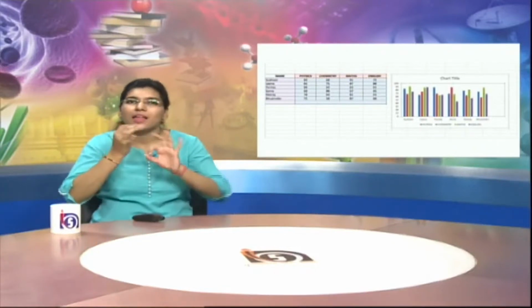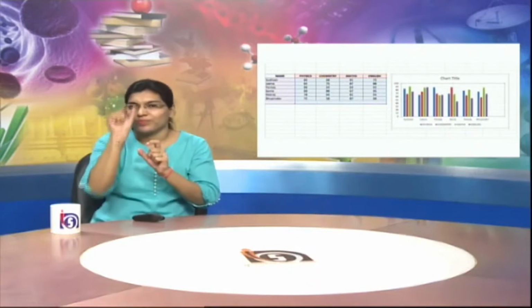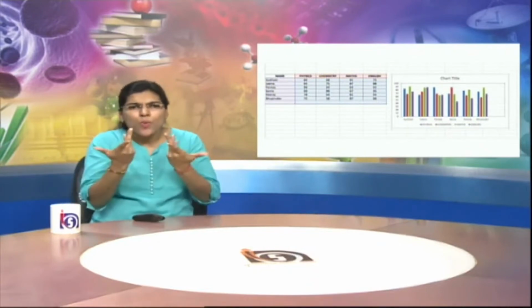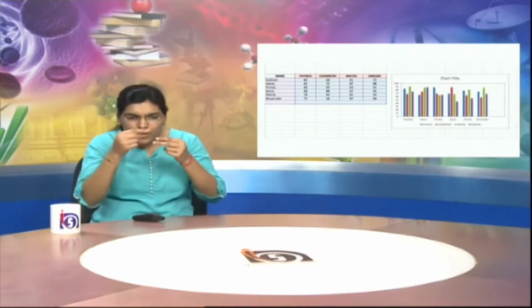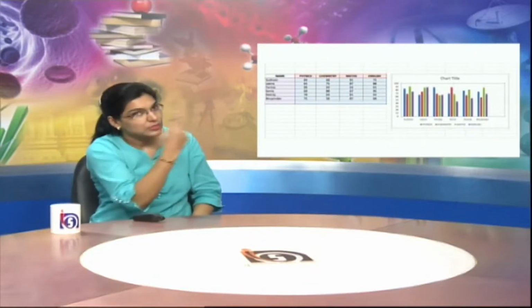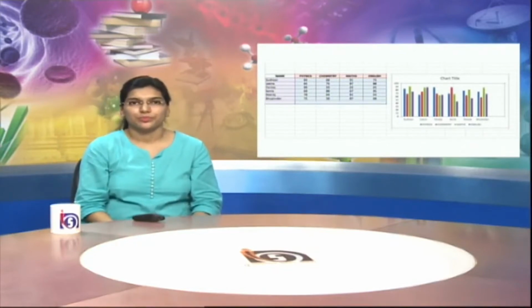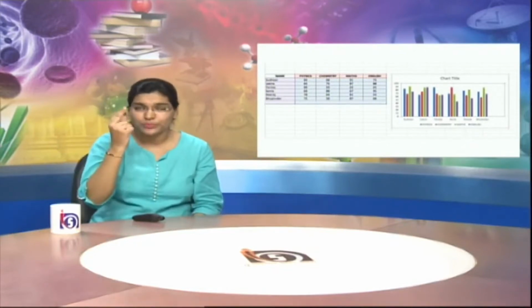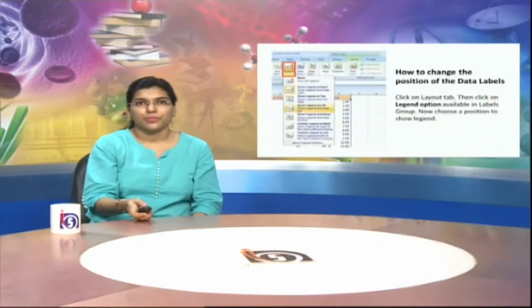So, similarly, you can understand the marks of the students. In pictorial form, it is really easy to understand, that you can easily see on the screen. I hope you all understood. Let us now move ahead.